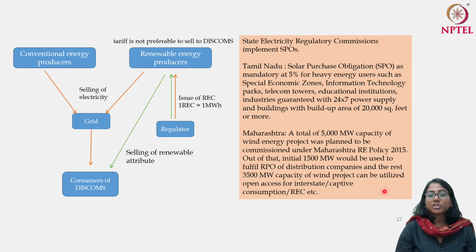If you look at the Maharashtra Renewable Energy Policy 2015, you will see that a total of 5,000 megawatt capacity of wind energy projects was planned to be commissioned under this policy. Out of that, it was decided that the initial 1500 megawatt would be used to fulfill the renewable purchase obligation of distribution companies, and the rest of the 3500 megawatt capacity of wind projects can be utilized for open access, interstate or captive consumption, or for REC as well.